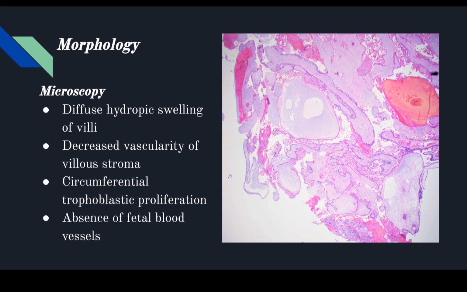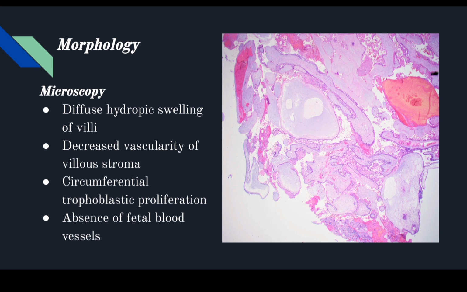Then we come to the microscopy. In microscopy, there is diffuse hydropic swelling of villi, decreased vascularity of villus stroma, circumferential trophoblastic proliferation, and absence of fetal blood vessels. As the definition says, hydatidiform mole shows diffuse hydropic swelling of villi, meaning the villi are largely enlarged and have hydropic contents.